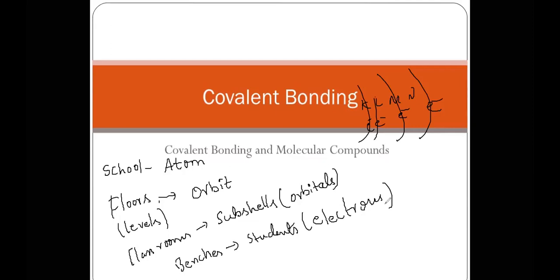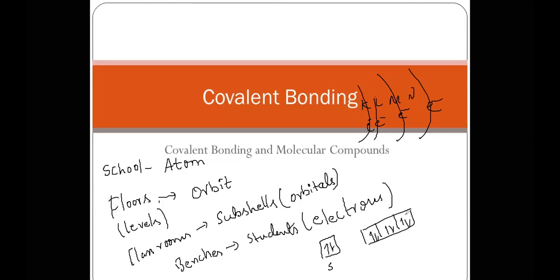Similarly, the electrons sit in the benches inside the orbitals, like we have seen: s orbital can accommodate 2 electrons, and p orbital will have 6 electrons.